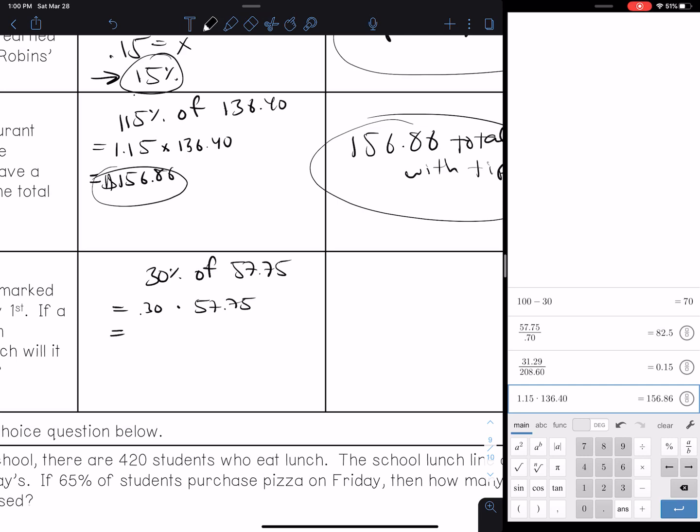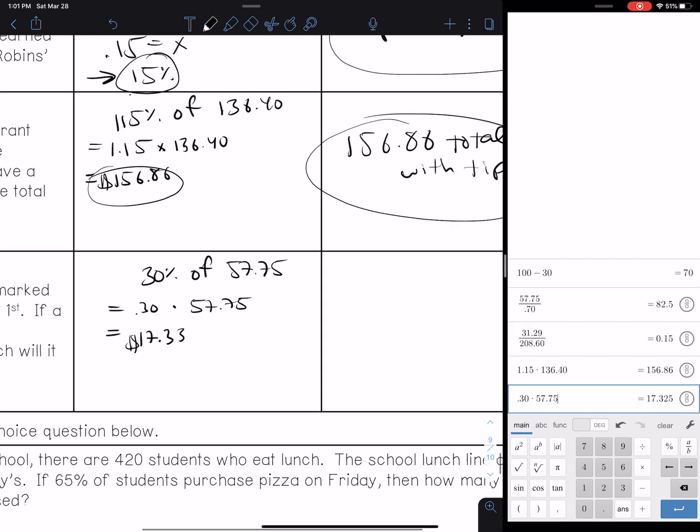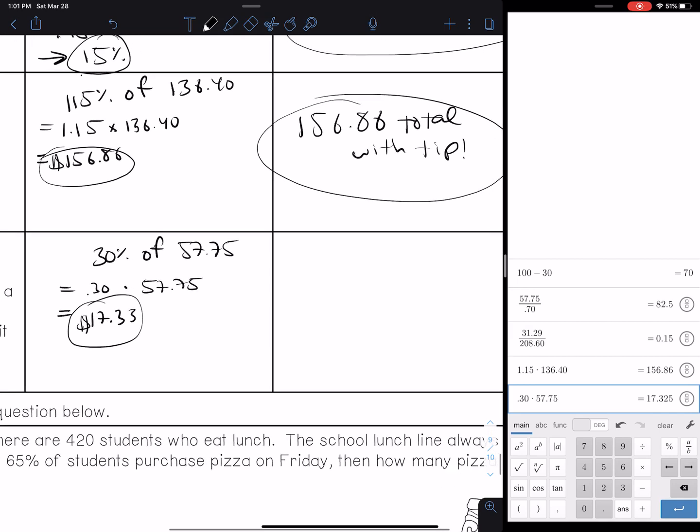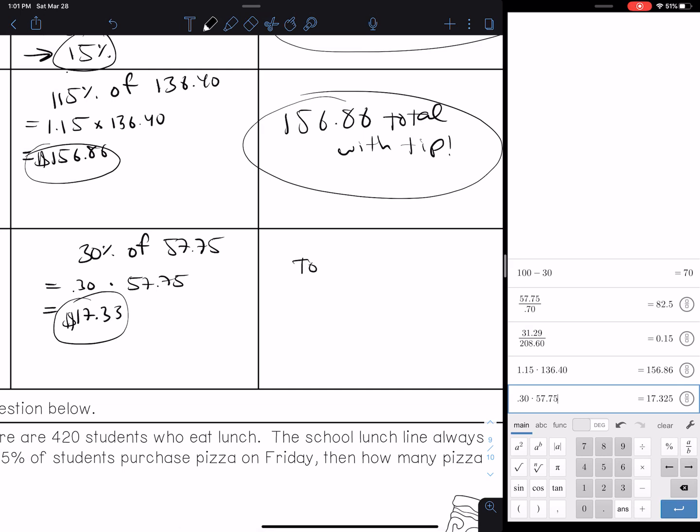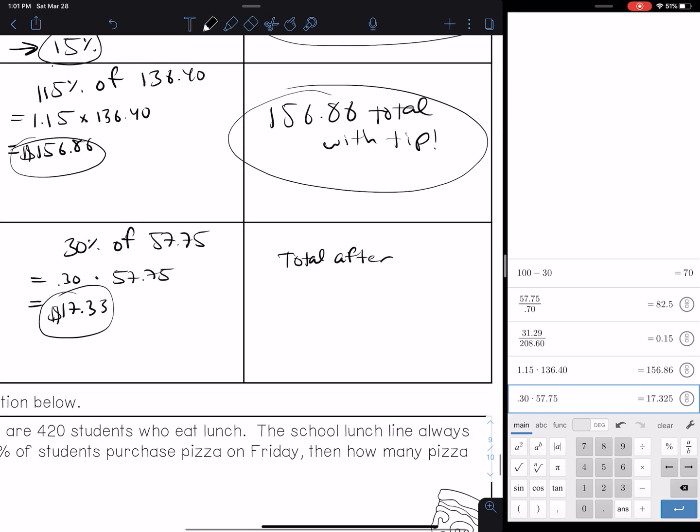Multiply it out. 0.30 times 57.75. And so you are going to pay a total of $17.33. That is how much the total is. So total after sale is $17.33.